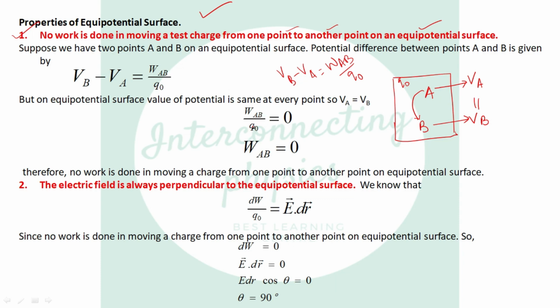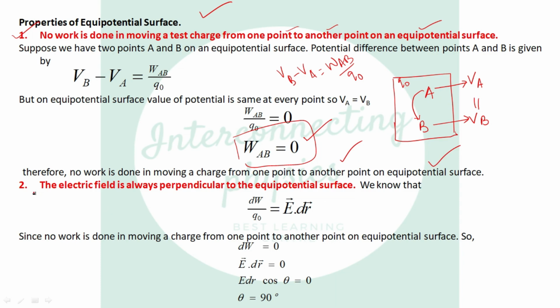It means WAB over Q naught equals 0, and Q naught cannot be 0. So the work done in moving a test charge from one point to another point on an equipotential surface is always 0, which means no work is done in moving a charge from one point to another on the equipotential surface.